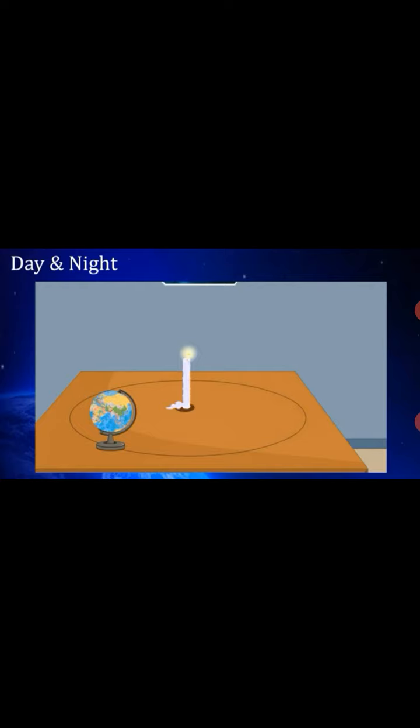Now light the candle and see that it is dark in the room. Suppose the candle is the Sun. Let us assume the Earth is revolving around the Sun. While revolving, the Earth takes a position where half of the Earth gets sunlight from the candle, that is the Sun, and the remaining opposite side of the Earth is darker.